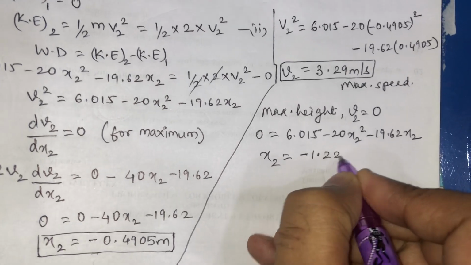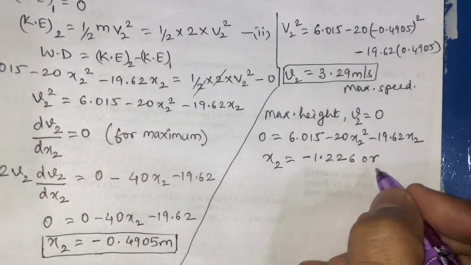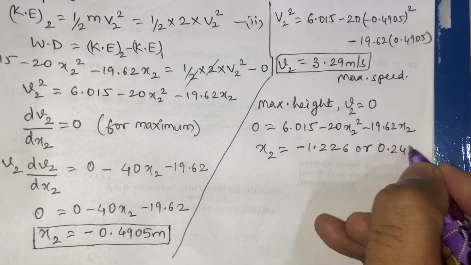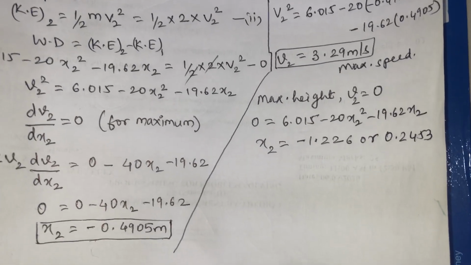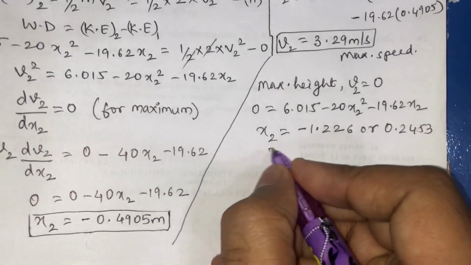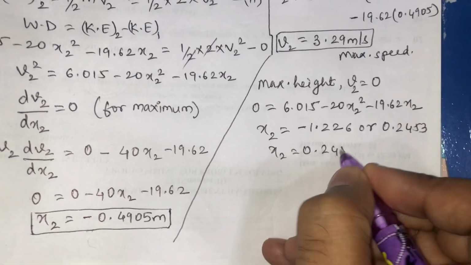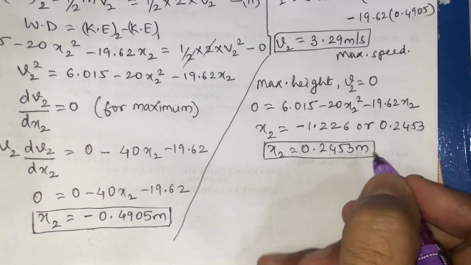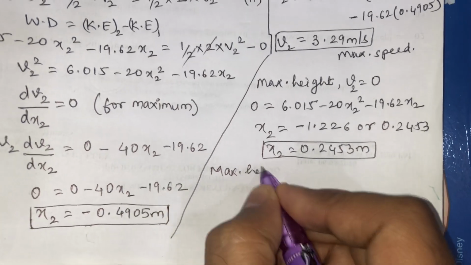One is minus 1.226, and the next one is 0.2453. These are the two values I'm getting here. I'll take the positive value, which is x2 equals 0.2453 meter.